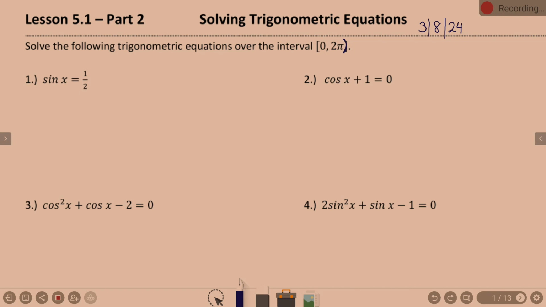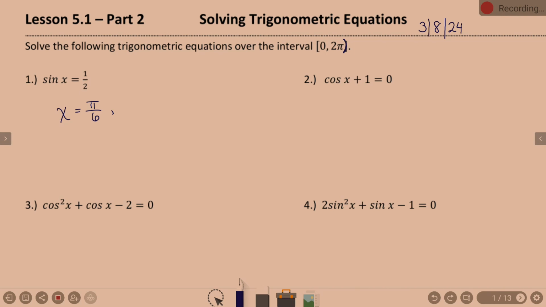Yes, that is true, because sine of pi over 6 equals 1/2. And the chart tells us, yes? If you look in the sine column, there's a 1/2 in the 30 degrees / pi over 6 row. Now, that's one answer.